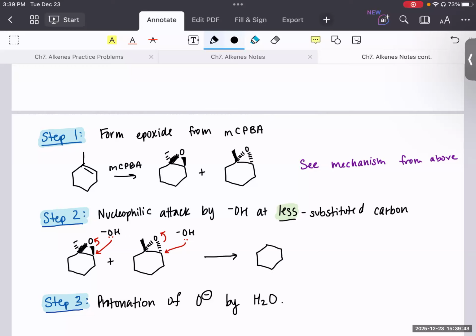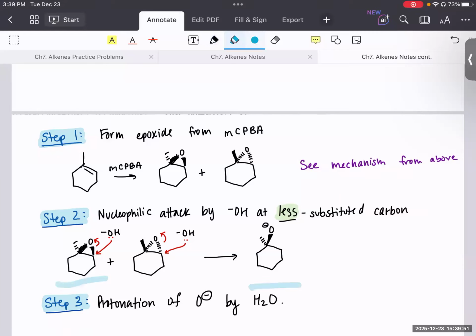And so when we draw these products, the stereochemistry of the oxygen is retained. We can see that for this first product, we started off with a wedged epoxide, so we're going to end up with a wedged O-. And then that OH that came in has to come in from the opposite side of the epoxide, so it has to be dashed.